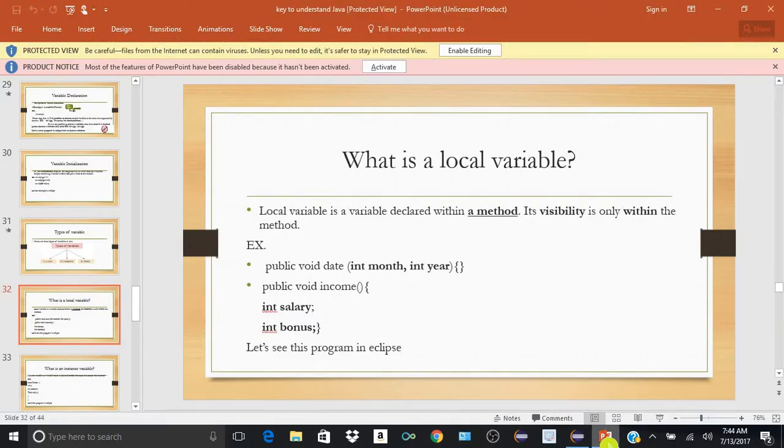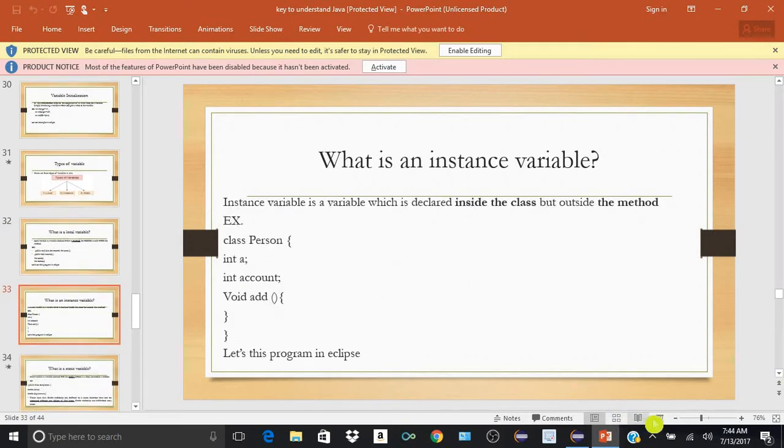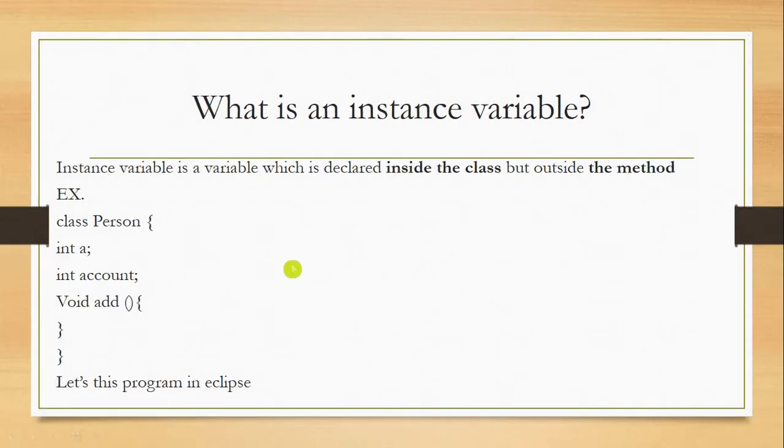And our next discussion will be on instance variables in Java. What is an instance variable? An instance variable is a variable which is declared inside the class but outside the method. Example: class person.